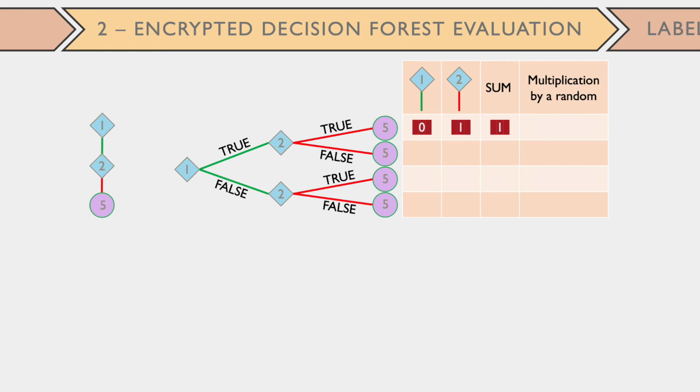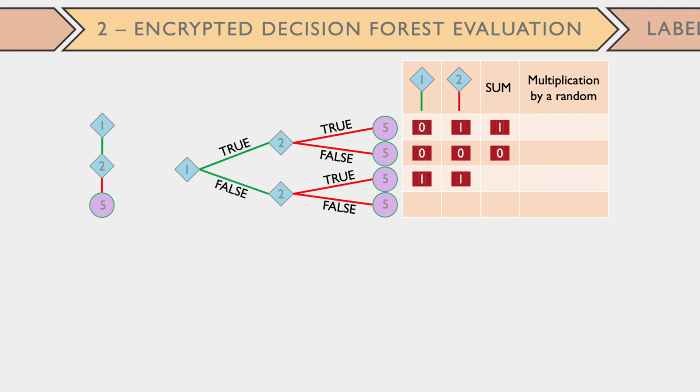In the second case, the first comparison is still true as expected, and the second is false also as expected. So both are going to be an encryption of 0, and summing them homomorphically will give an encryption of 0. Next, if the first comparison is false and the second is true, both comparisons are not as expected, and we will retrieve encryptions of 1.